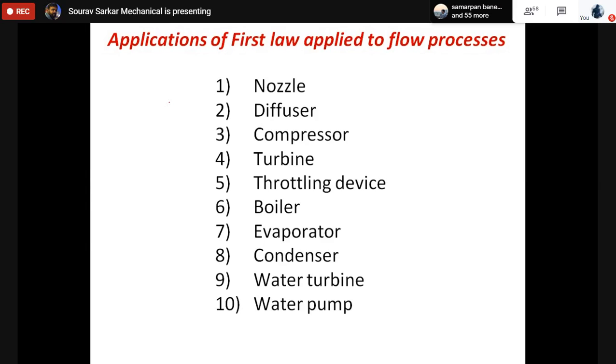So whenever you are analyzing these devices, everywhere you can apply the steady flow energy equation and check how much energy is coming and how much energy is leaving. Now before that, we have to understand what we mean by these devices.